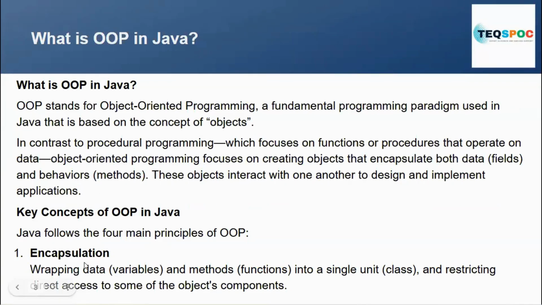First, there is encapsulation. Basically, encapsulation means wrapping data and methods into a single unit, meaning a class, and restricting direct access to that variable or object. That is called encapsulation. When we create a project, we create an entity class.